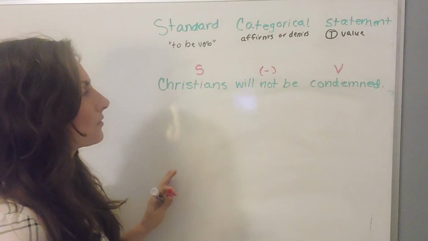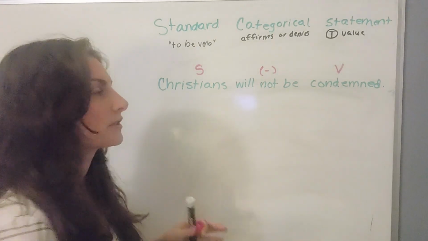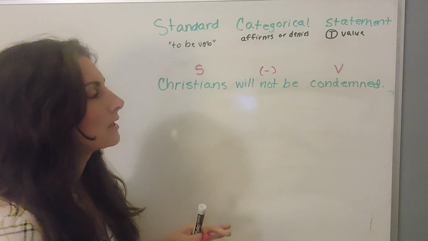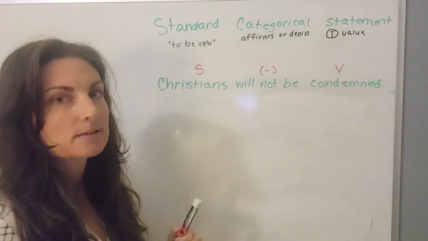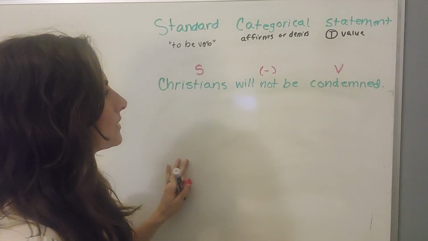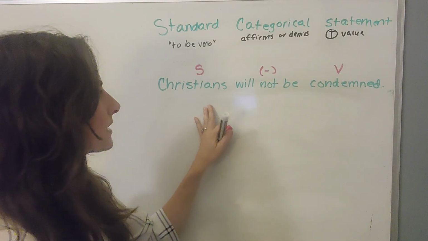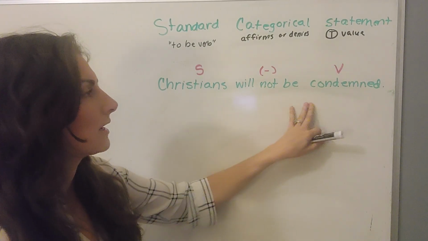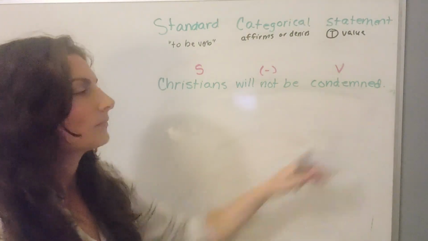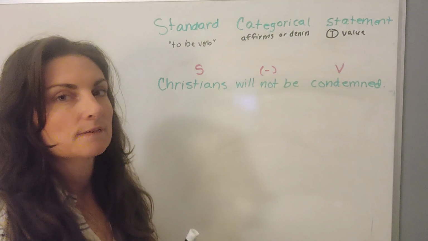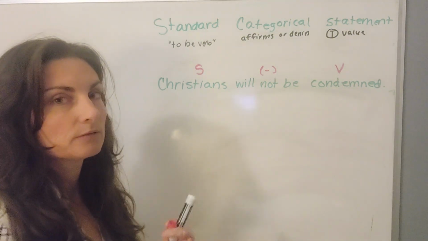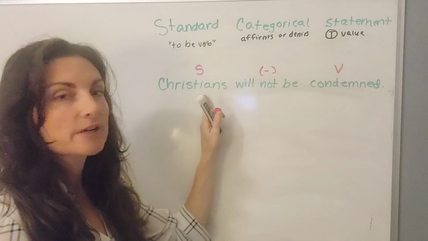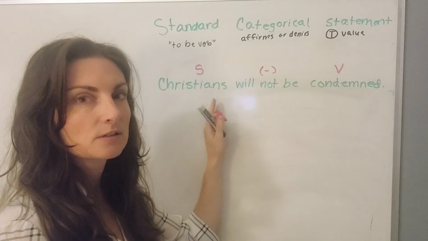And so based on what we were kind of saying, just add the ER to the verb. We know that that won't work here because let's test it out. Let's say if we just say Christians will not be a condemner. It changes the meaning of the sentence. And the reason for that is the subject in this sentence is not doing the action.